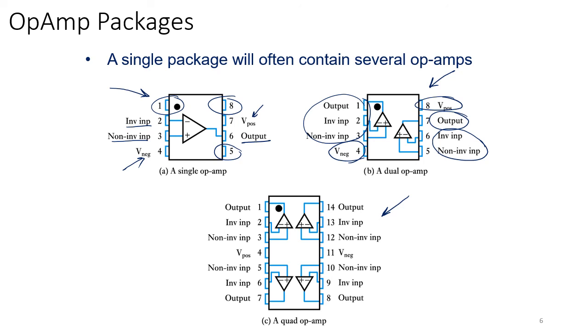Same thing with the 4 op-amps. So we might get op-amps in different kinds of packaging, and depending on what we want to do, we decide to go with one of the packagings or the other, right? This information is always available in the data sheet of the IC.